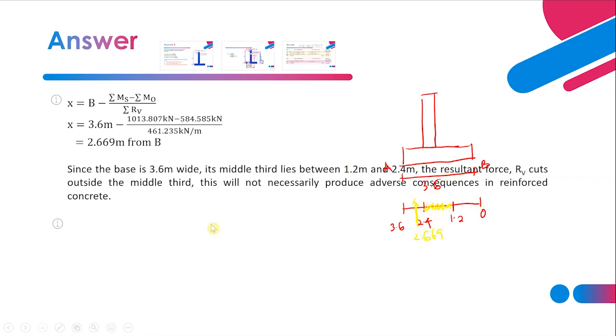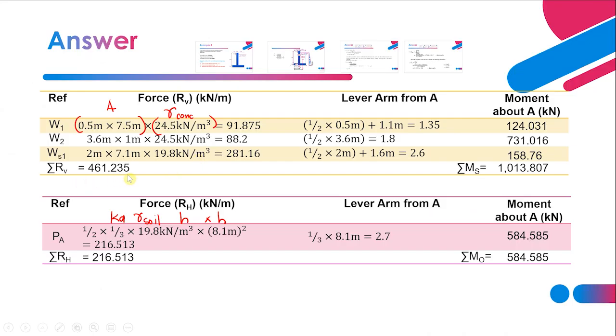We know the formula to get the ground bearing pressure, QA equals to, you have two formulas earlier, you can use either formula, but here I use this formula. 2V divide by 3 in brackets B minus X. Put in the value of V. V is the total vertical forces, which is 461.235.